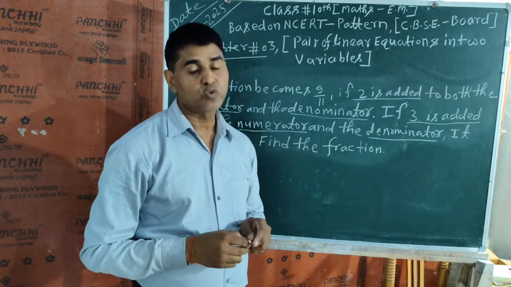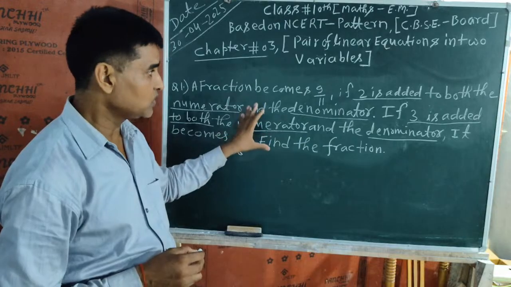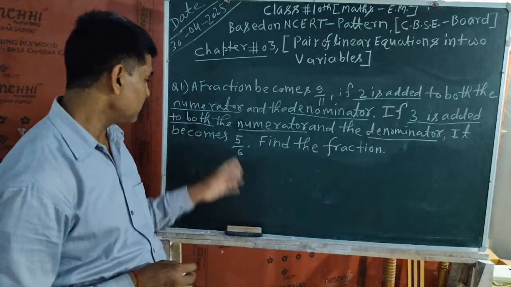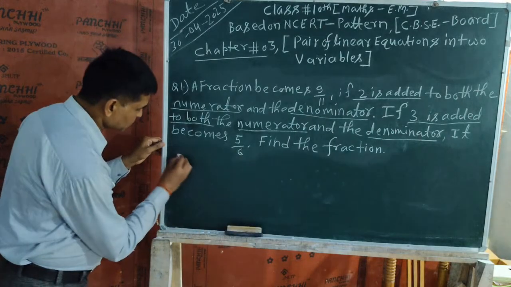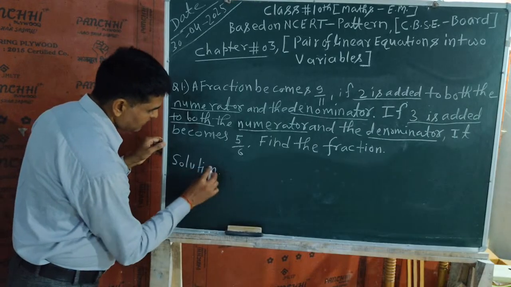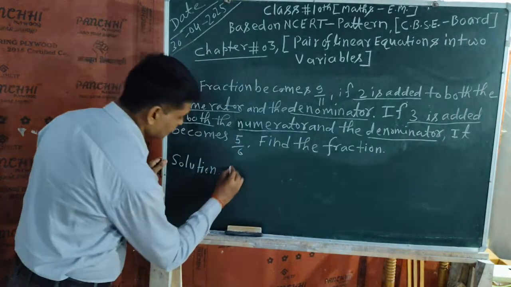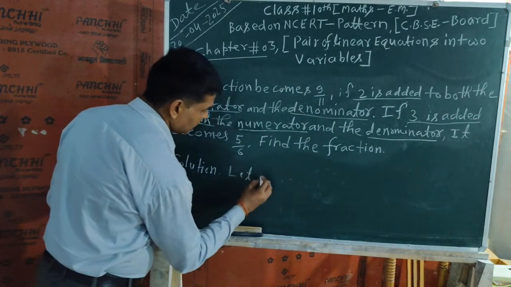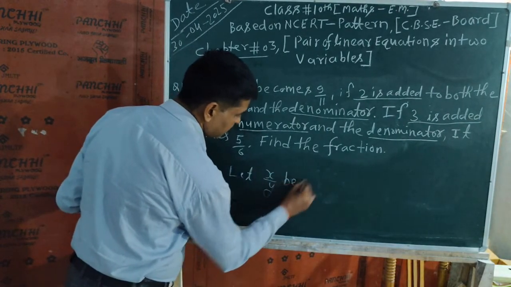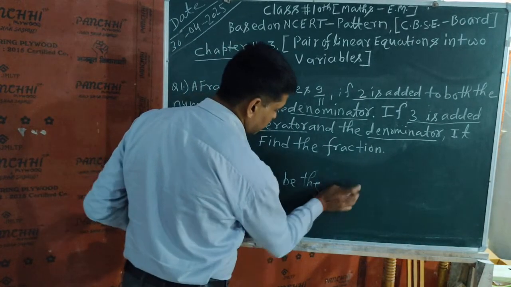Okay student, so you concentrate on this live video, and I am going to give the proper solution of this question. First of all I am going to write here solution. In the solution, first I will say let, that means assume, let x divided by y be the proper fraction.